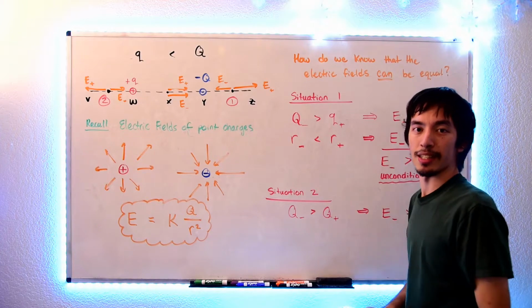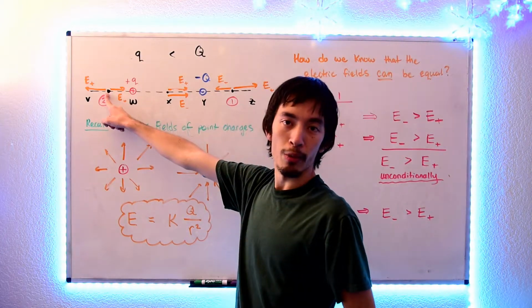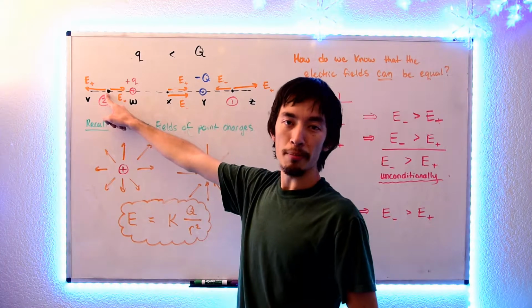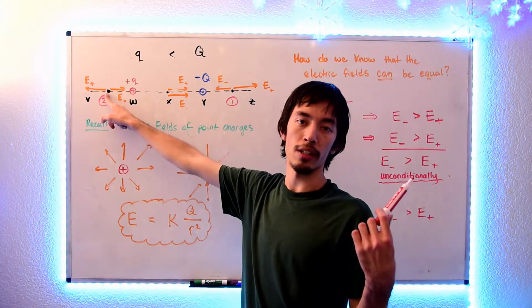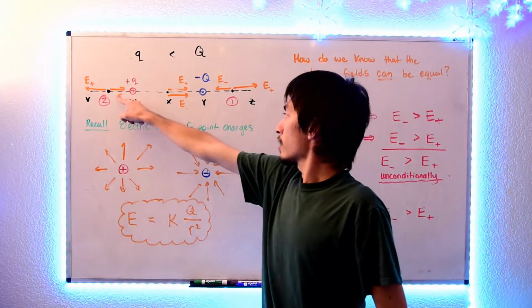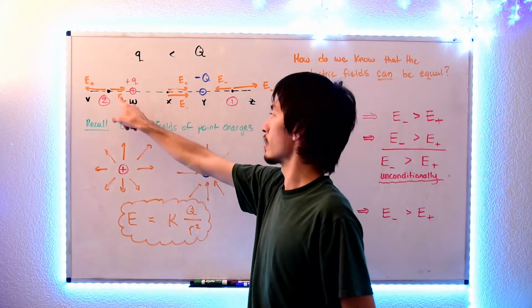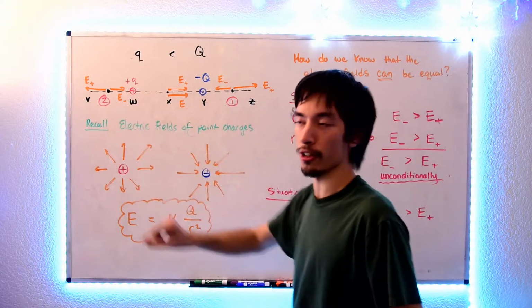But what about the distances? Notice that in situation 2 at this point, it's actually the opposite of the other situation. So in situation 2, the distance to the negative charge is actually larger than the distance to the positive charge.